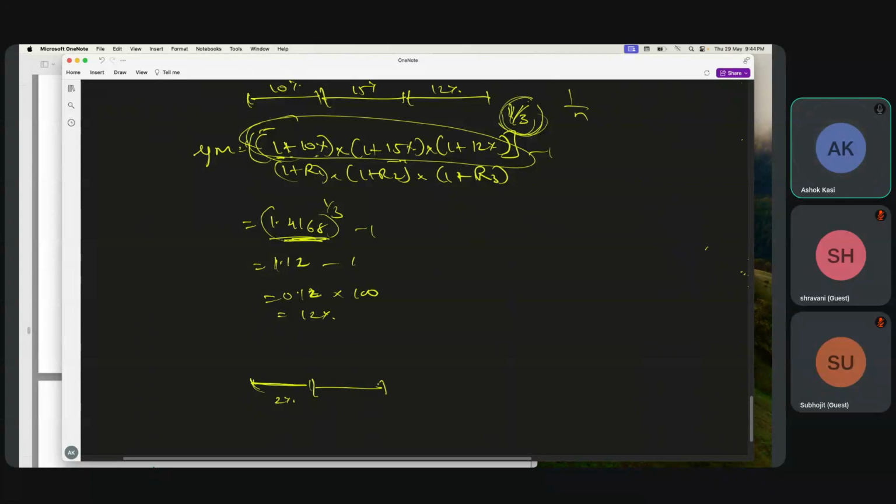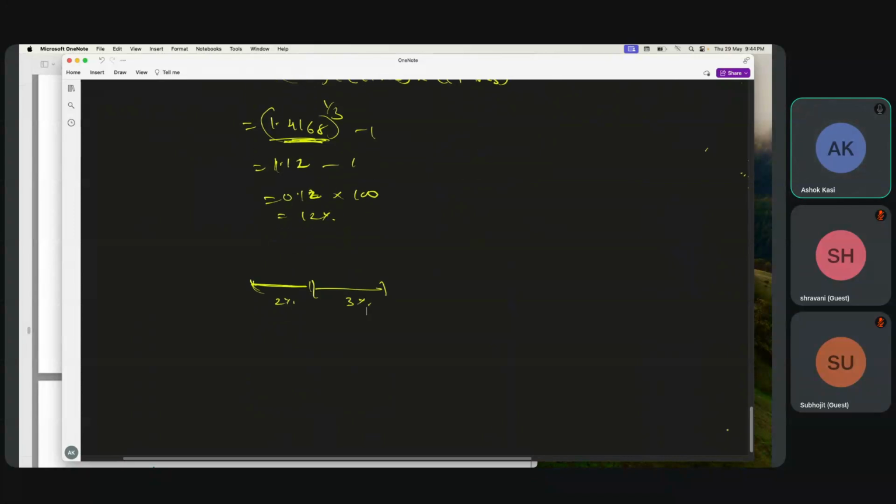Second quarter's return is 3 percentage. Third quarter's return is 1 percentage. And fourth quarter's return is 0.5 percentage. That means this is overall what? 1 year only. Now, if I have to calculate the geometric mean, how will I calculate? It will be 1 plus 2 percentage into 1 plus 3 percentage into 1 plus 1 percentage.